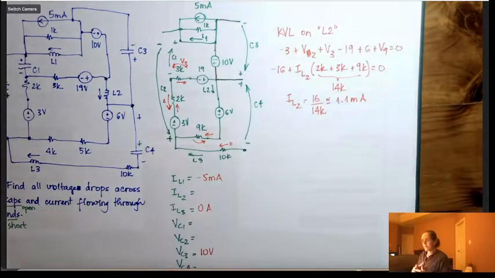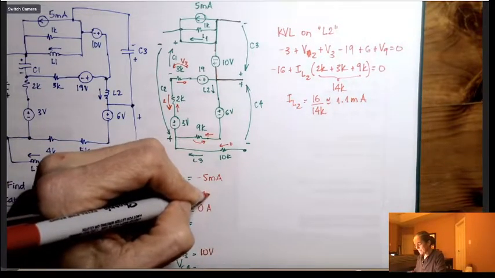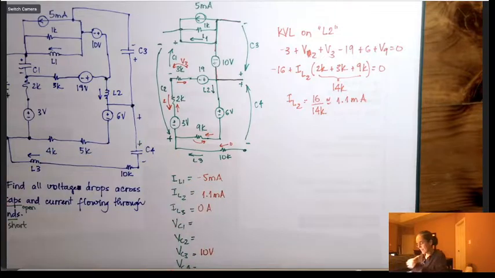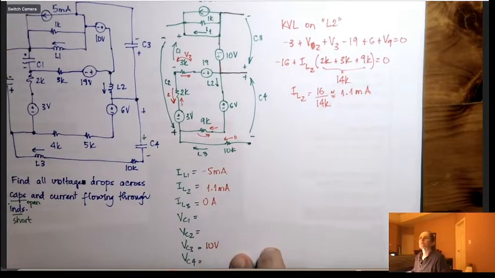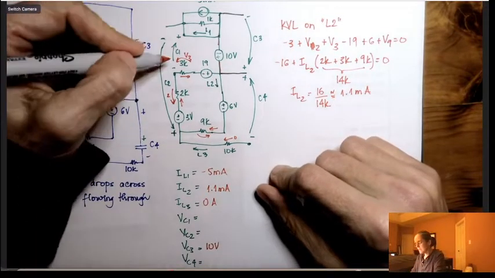So now I have IL2, I can already enter this here. And now I can find all the other voltages across the capacitors. So let's start with VC1.